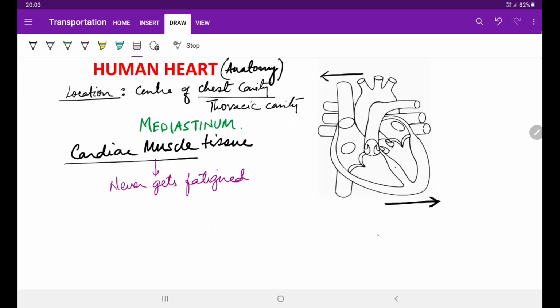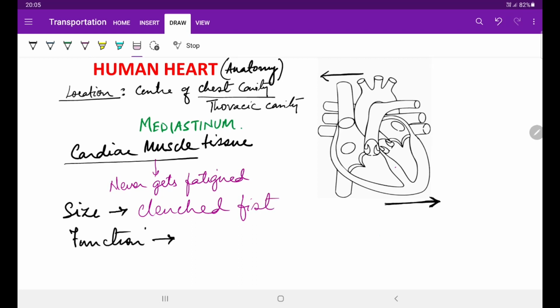It is also said that the size of the human heart is almost equivalent to a clenched fist. And about its function, it is the major pumping organ. What does it pump? It pumps the blood to different parts of the animal body.